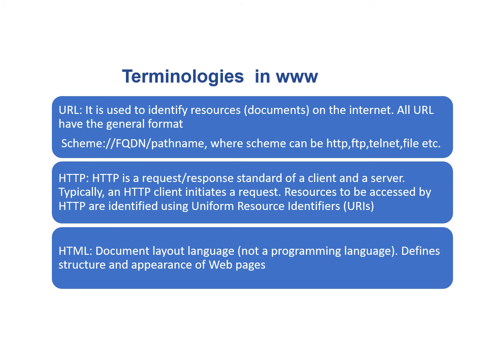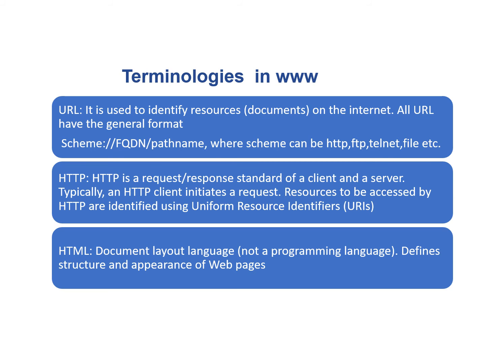So the terminologies used in this World Wide Web architecture or its activity involve URL. URL means Uniform Resource Locator, which is used to identify resources or documents on the internet. We have already seen the URL format. Then HTTP. HTTP is a request or response standard of client and server.